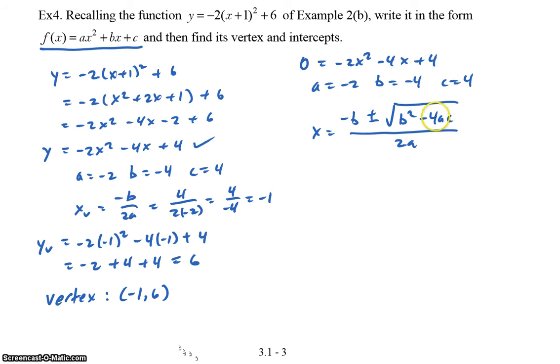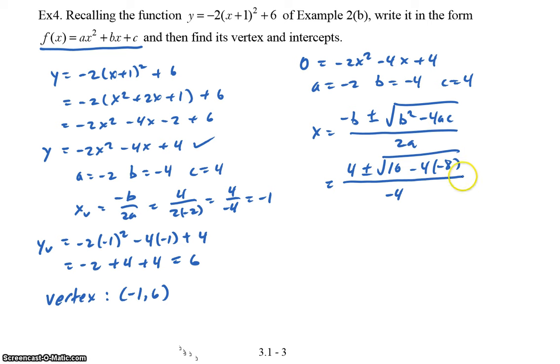So then substituting in a, b, and c, for b we would write positive 4, it's the opposite of b, plus or minus square root. B squared is negative 4 squared, which is 16, minus 4 times a times c, which is negative 2 times 4, which is negative 8. Take the square root of that whole thing. Divide the whole thing by 2 times a, which is 2 times negative 2, which is negative 4.